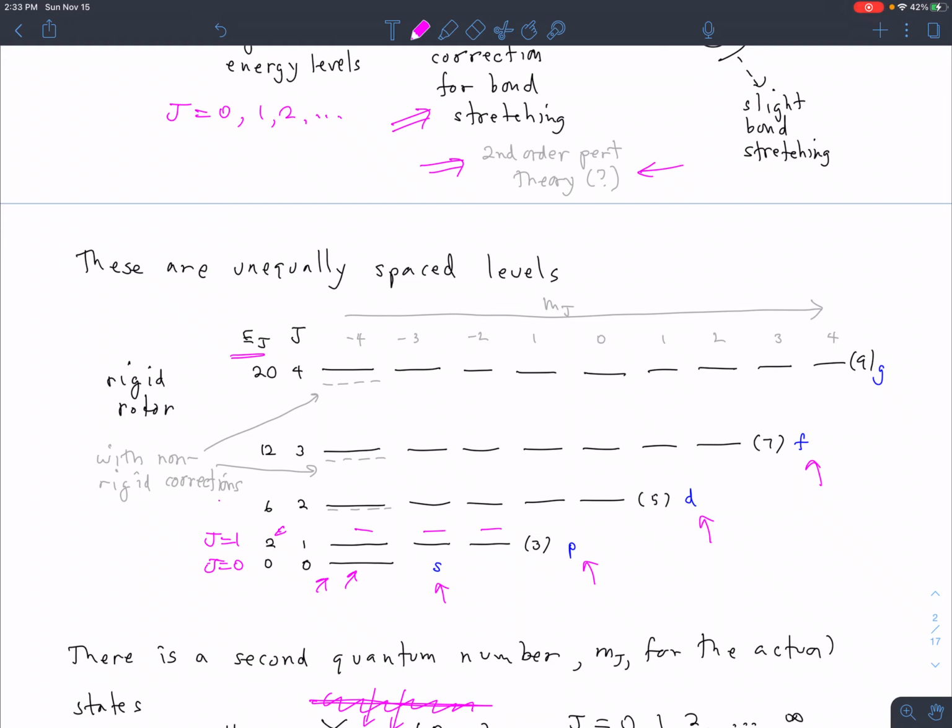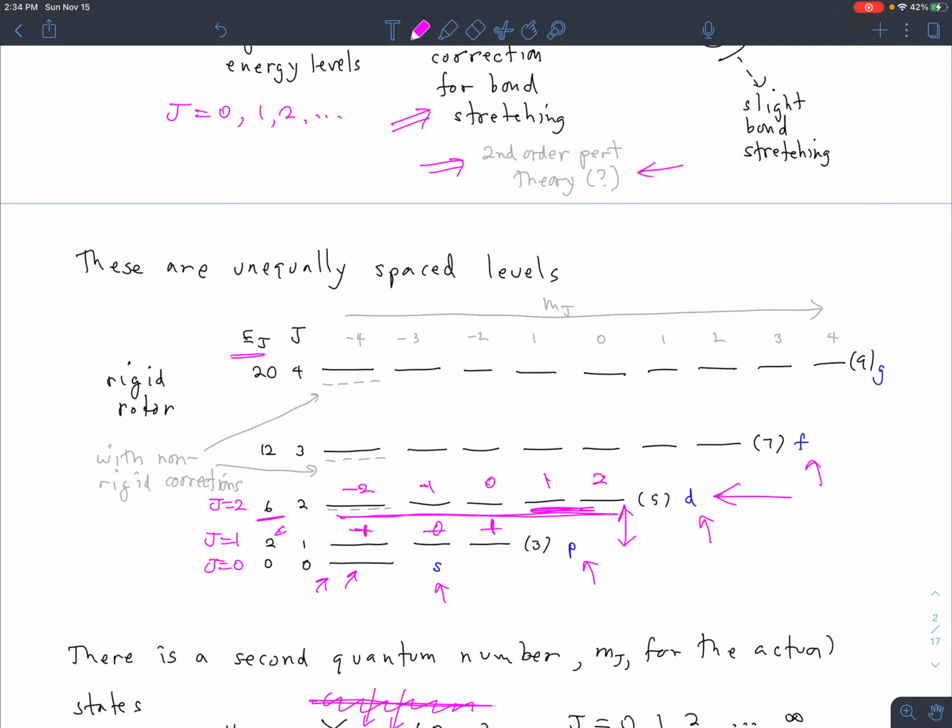If you choose J equals 2, then the relative energy is 6, and there are 5 possible states. Actually, let's put them in: -2, -1, 0, 1, and 2. Down here it'd be -1, 0, and 1 for the m sub j values. These m sub j values and the degeneracy of all these levels come in at the very end, but for the most part we can ignore it, because it's only the gaps in energies that matter to us as far as the peaks are concerned.